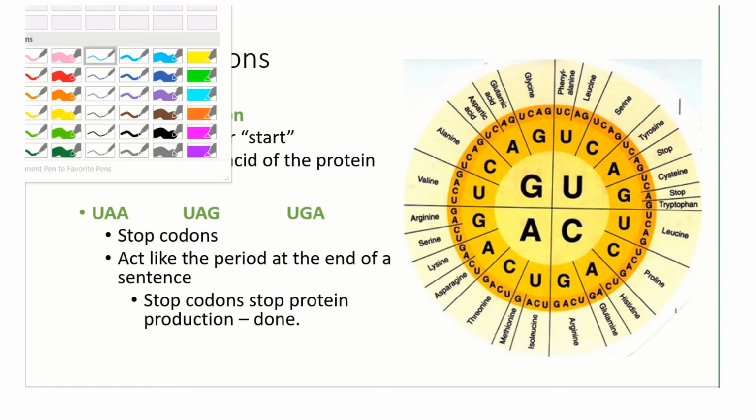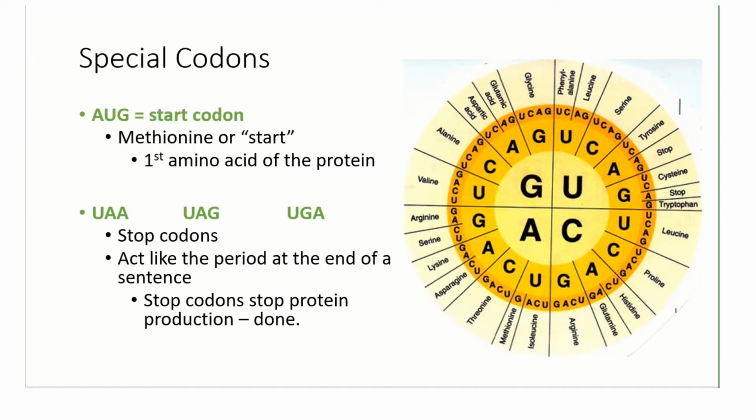And if we look at this picture to our right, I'll show you how to use this. If you're looking at the beginning of your codon, let's say it starts with A, here's our A, and the next letter is U. We go over to the U, and then the last one is G. So then we go to G, and there is methionine, our start codon.